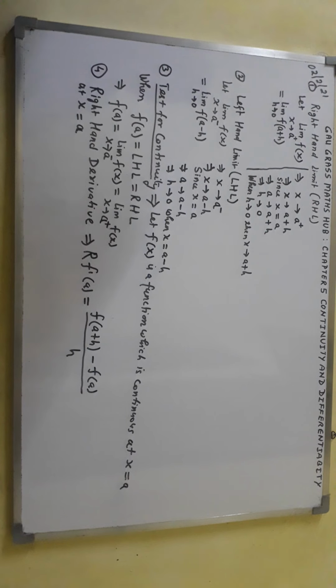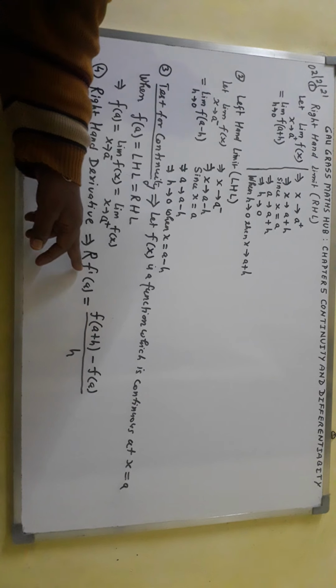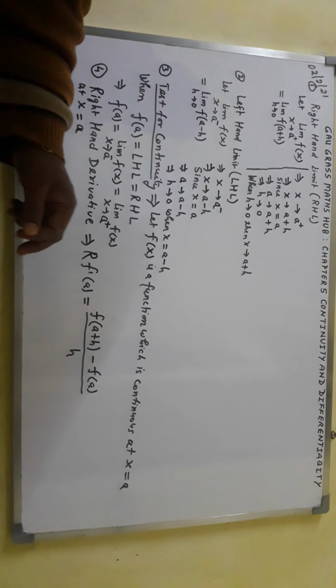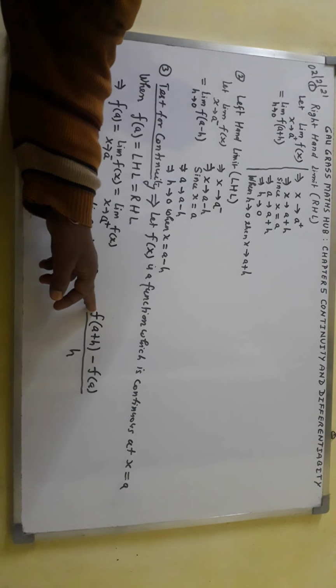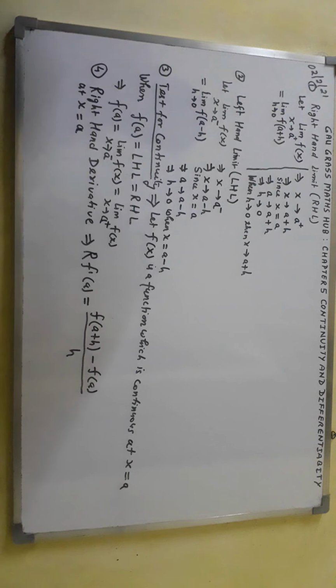This is the formula you must remember. For right hand derivative, you must remember R f dash a, the first derivative, is equal to f(a plus h) minus f(a) whole upon h. This is the formula you must remember.